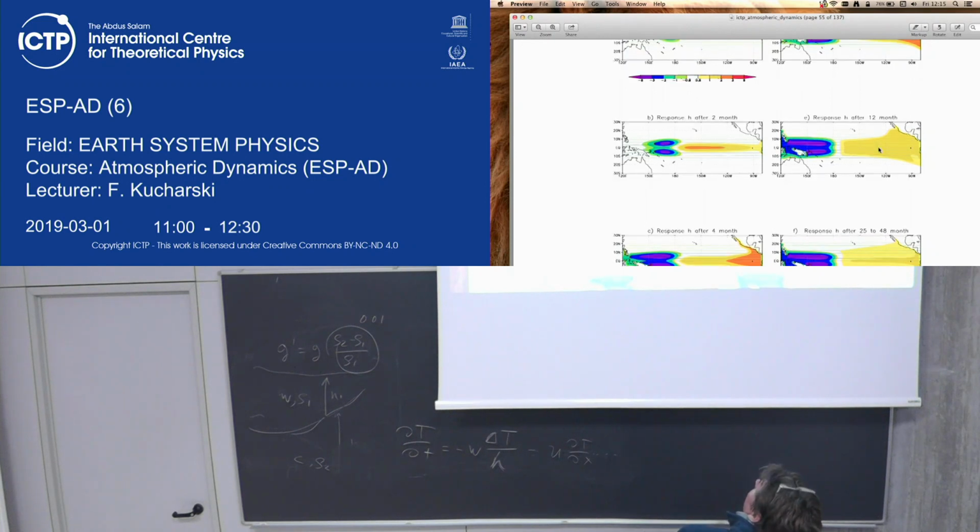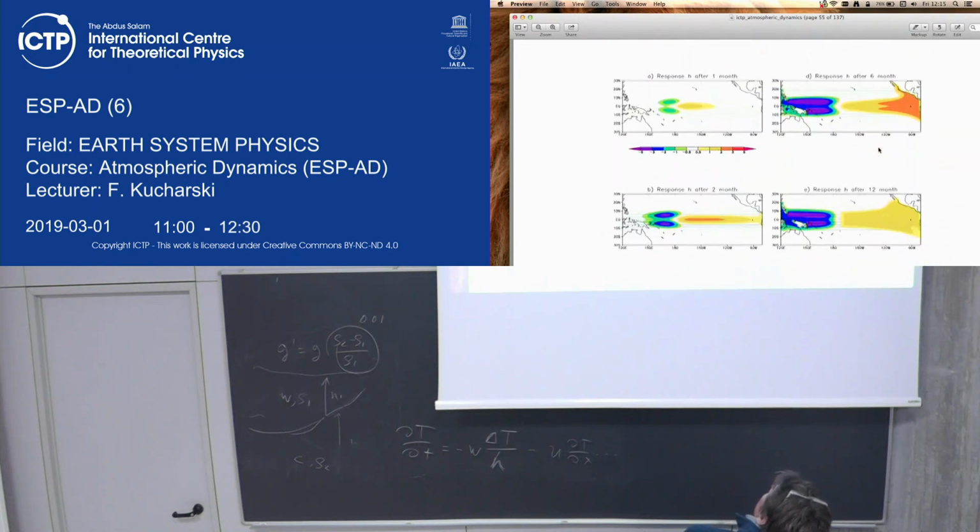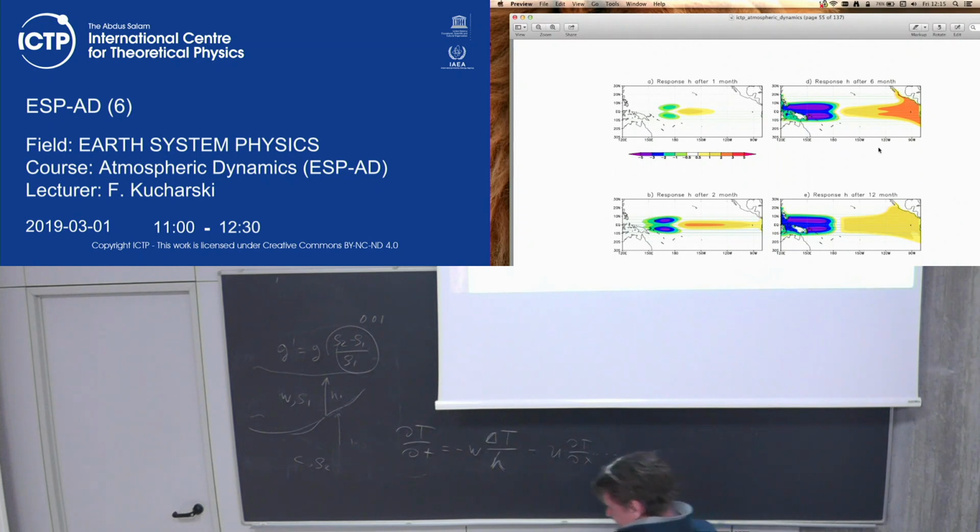And after 4 months we get this picture. Probably after 6 months we get the strongest response. So there's some cycle in the response, some overshooting. You see? Strong response. It seems that now the Kelvin waves have actually transported the signal to the very East Pacific. And in the model, they seem to transform into coastal Kelvin waves.